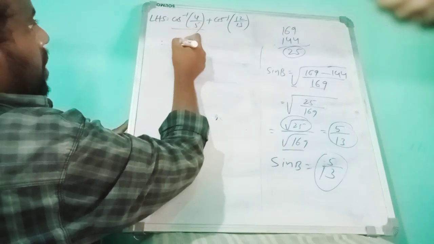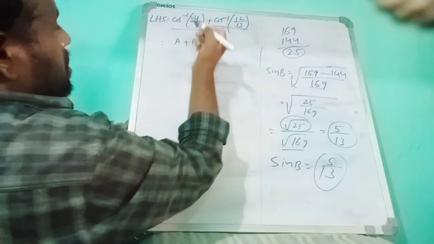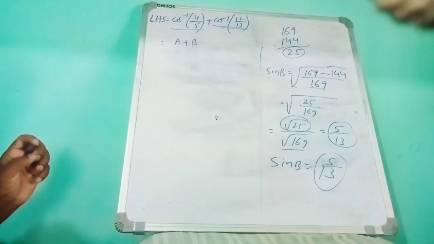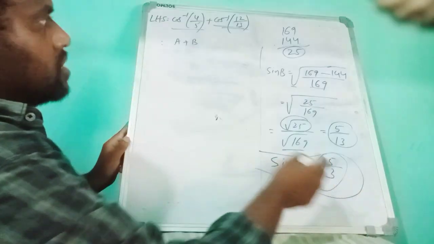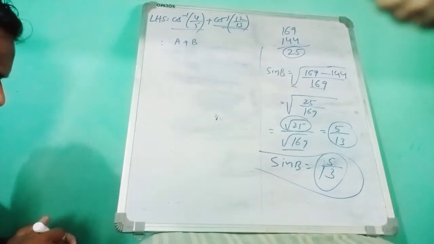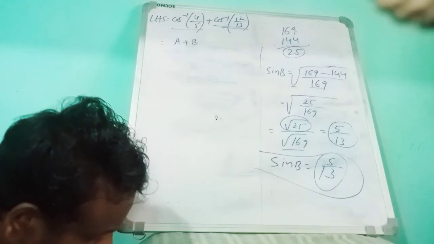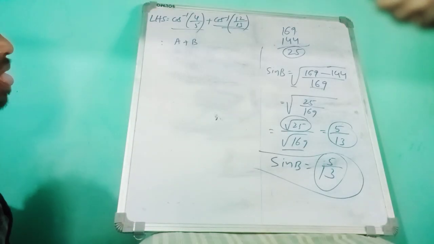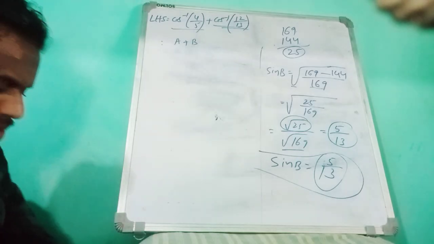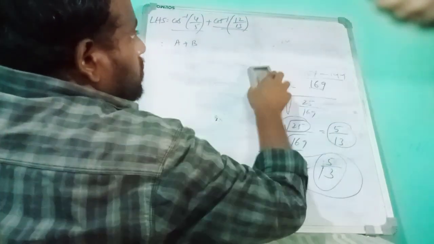So this we have taken as A, plus this we have taken as B, A plus B. So next you remember this one, sin B is what? Next we have to use the formula. I will show that.